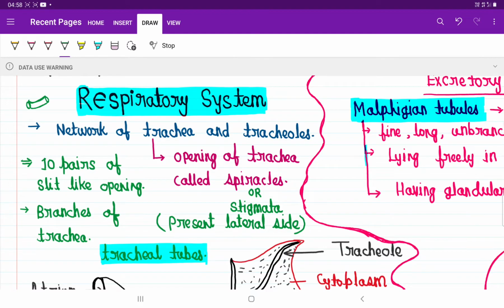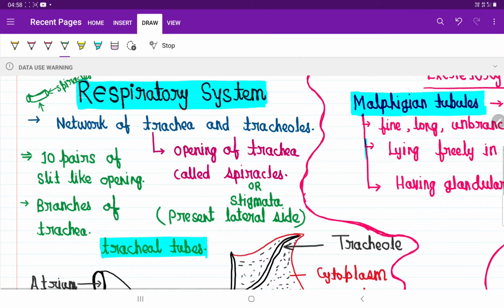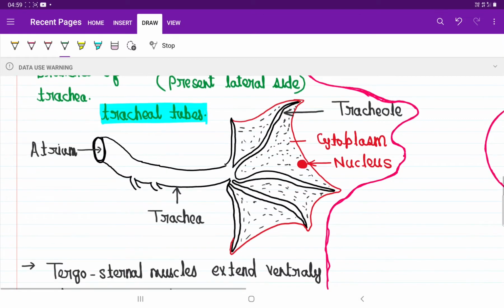There are a total of 10 pairs, and they have a slit-like opening called spiracle, or you can call it stigmata. It is present on the lateral side, on both sides, so both sides of the trachea have openings called spiracles. The trachea also have branching, called tracheoles.